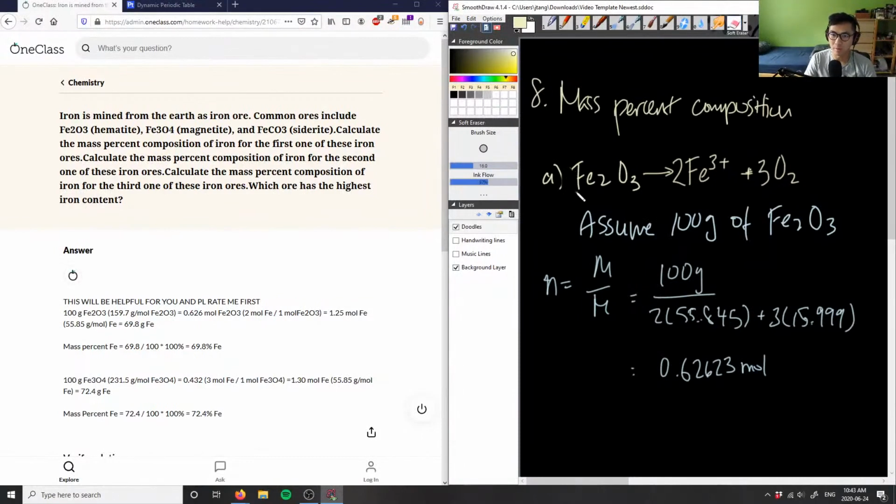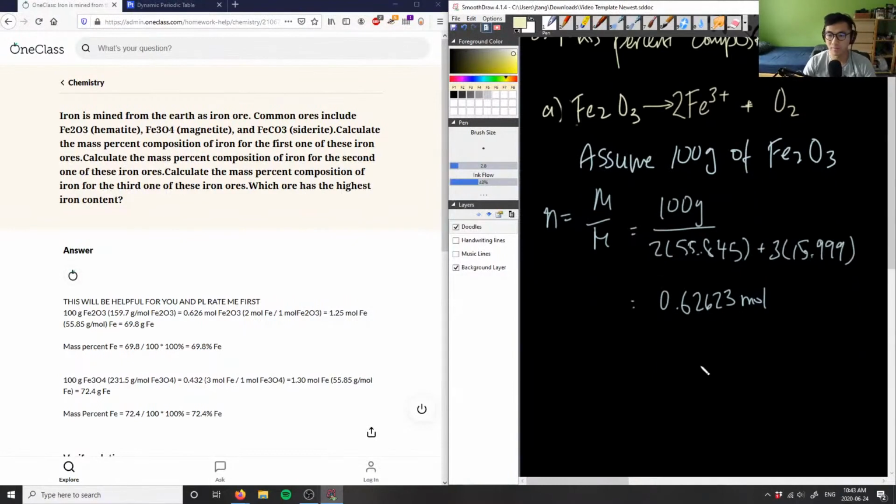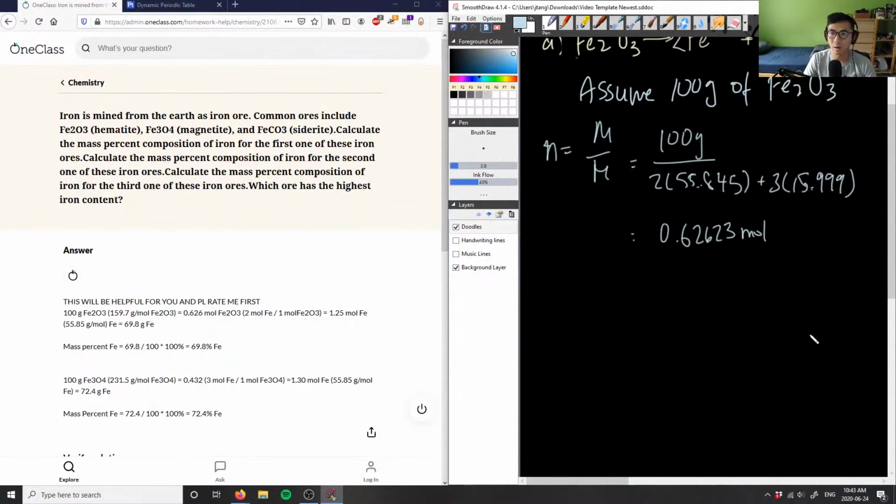We care simply about the iron coefficient, because it's not asking us for oxygen. So we can say it's a 1-to-2 ratio, and we're going to multiply this mole ratio by 2 to give us our moles of iron.